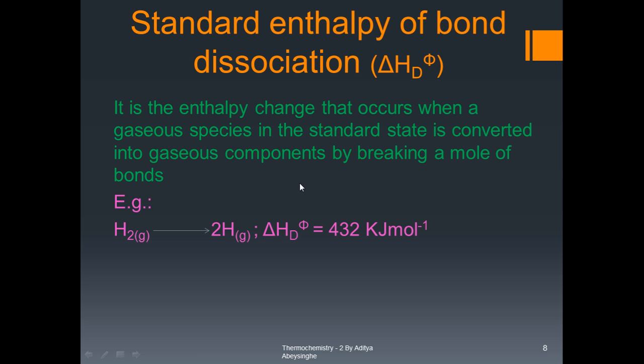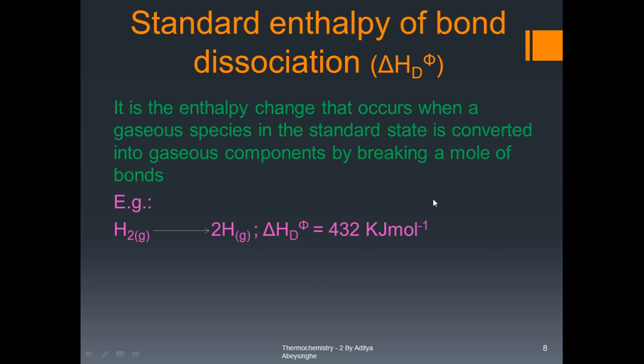So the standard enthalpy of bond dissociation for some reaction is defined as the enthalpy change that occurs when a gaseous species in the standard state is converted into gaseous components by breaking a mole of bonds. In the case of carbon dioxide, which is a gaseous species, you break it up into carbon, oxygen and oxygen.